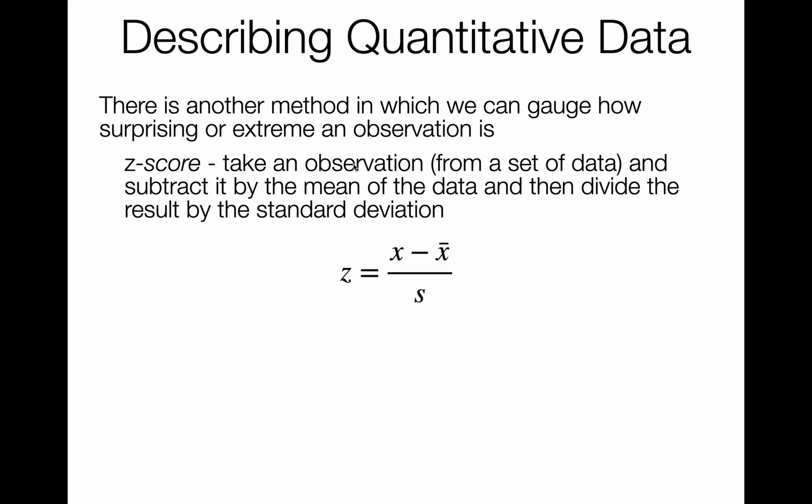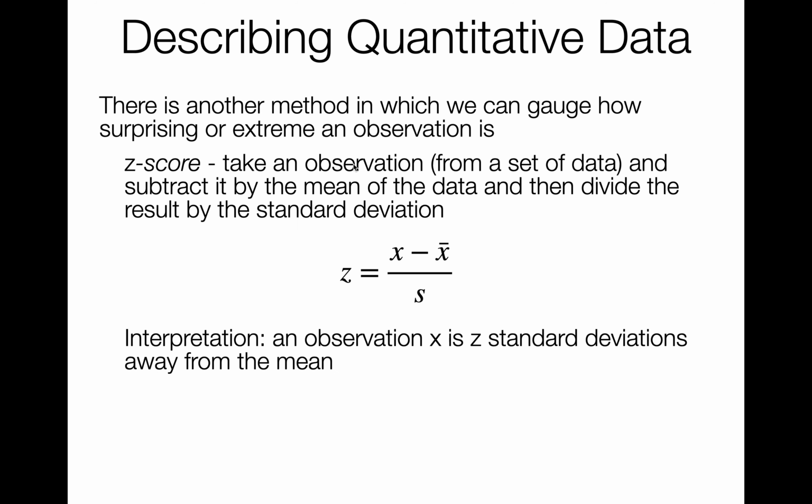You may wonder, why would we do this? This specific operation, x minus x bar divided by s, is important because the interpretation of that z-score is that an observation x is z standard deviations away from the mean.